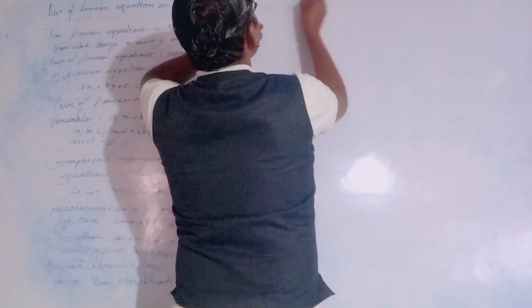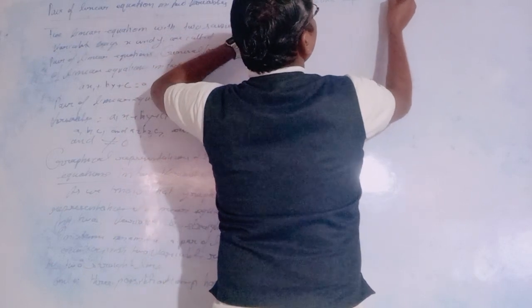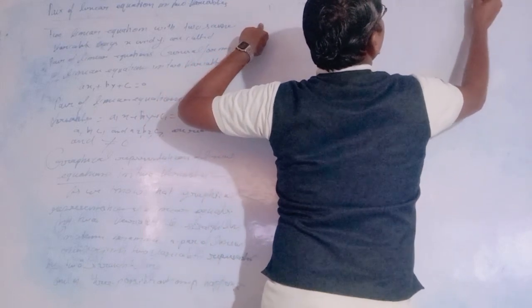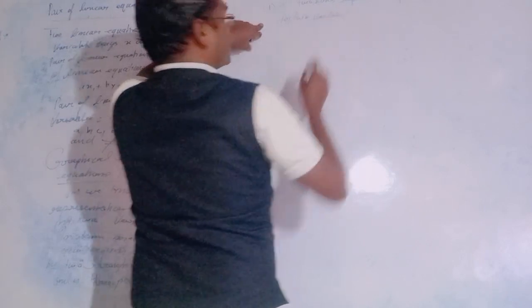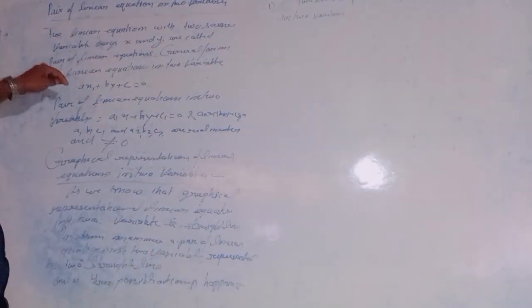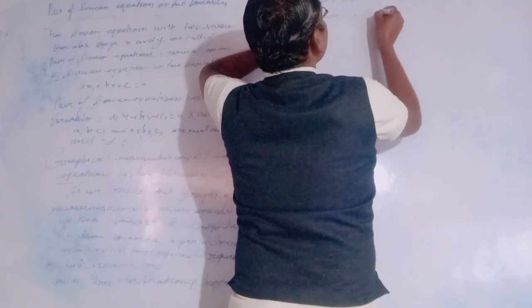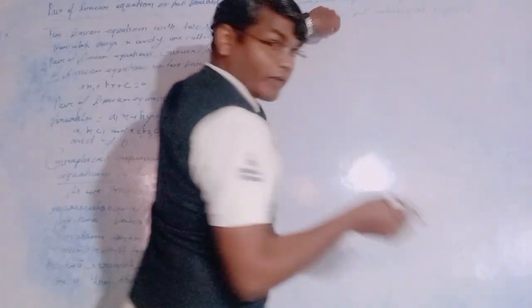The first possible outcome: the two lines representing the pair of linear equations in two variables will intersect at a point. Okay, let's draw a diagram.